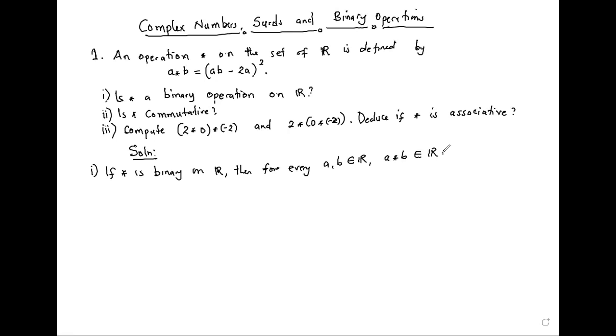The difference is real, and then you square it, it's still a real number. So in response, you say star is binary on R.